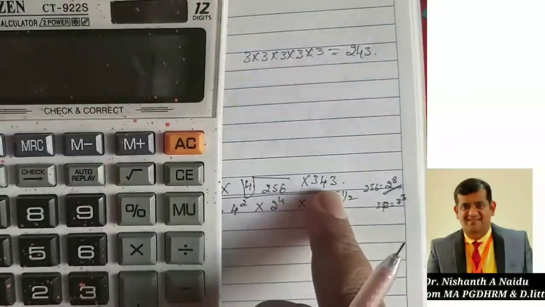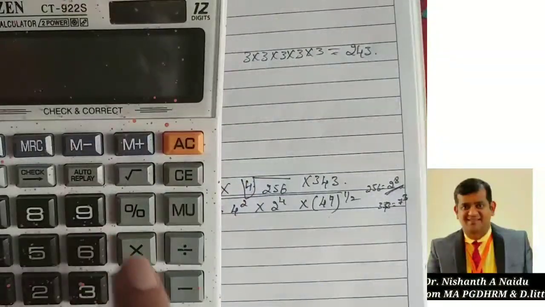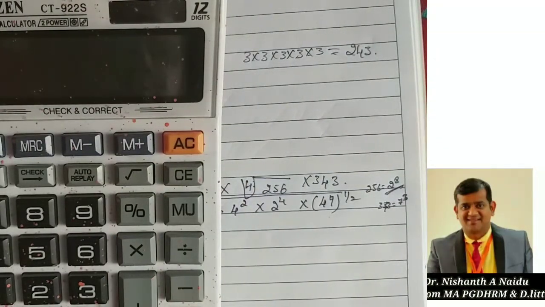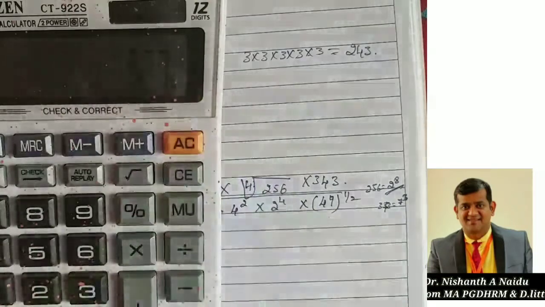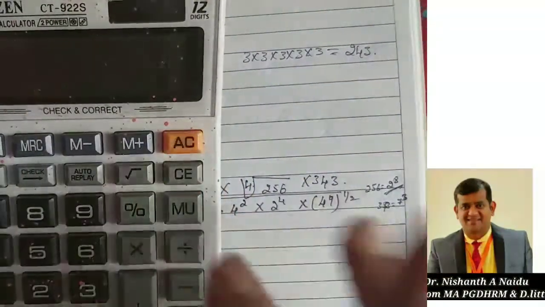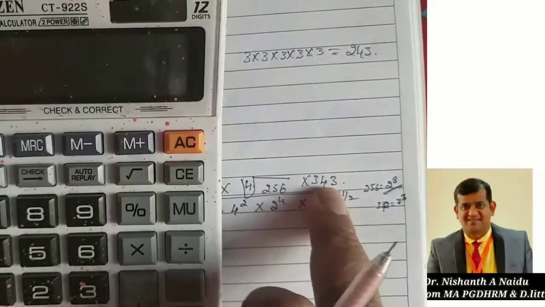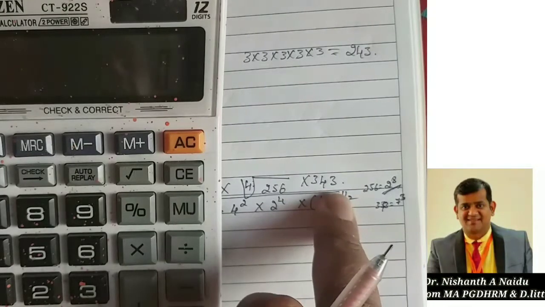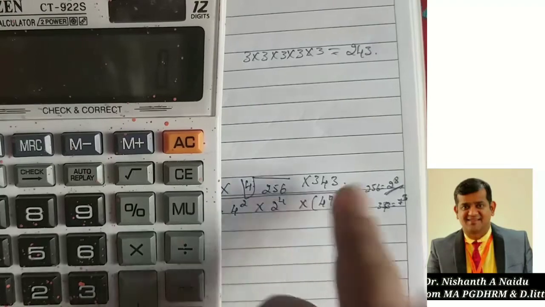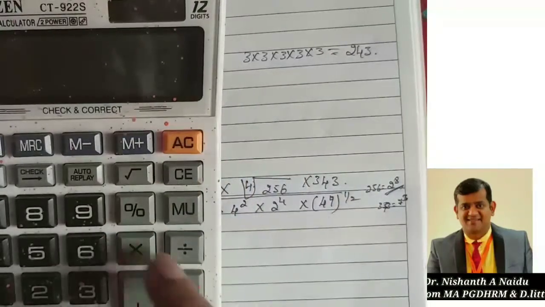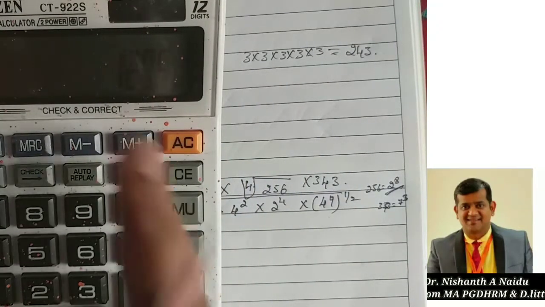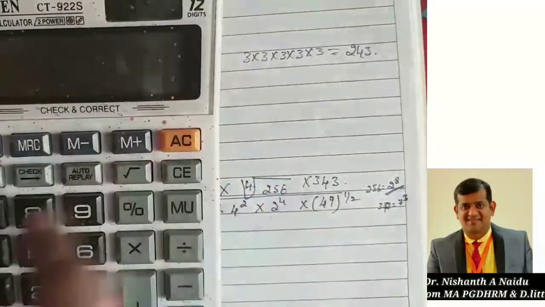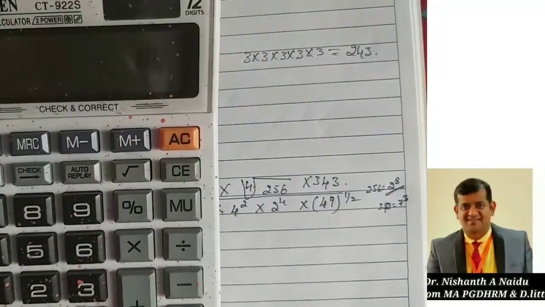See, 343 we want. First I am trying with 3. So 729, it is not possible. 4 is not possible because it is an even number and 343 is odd. Then 5 is also not possible because that is a multiple of 5. Then 6 might be possible, so I am trying with 6. 1, 2, 3, 4, 1296. No, not possible. 7: 1, 2, 3.